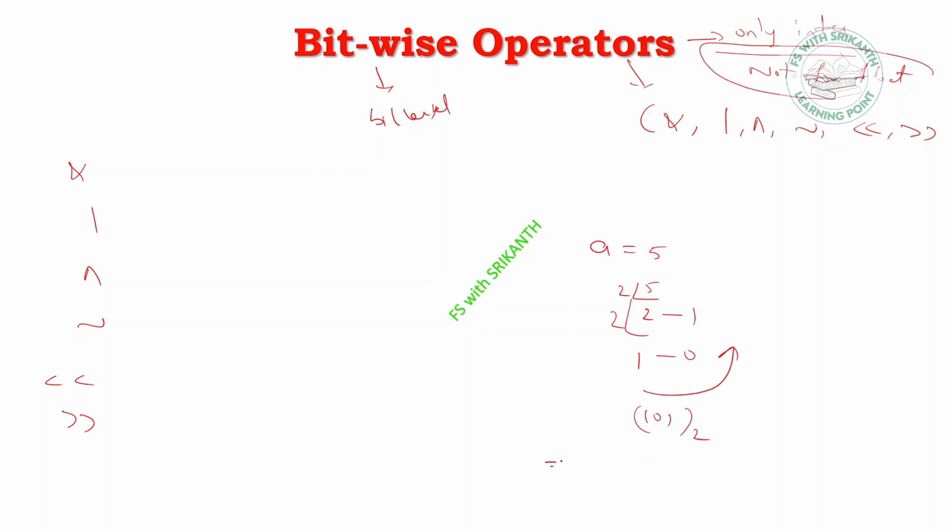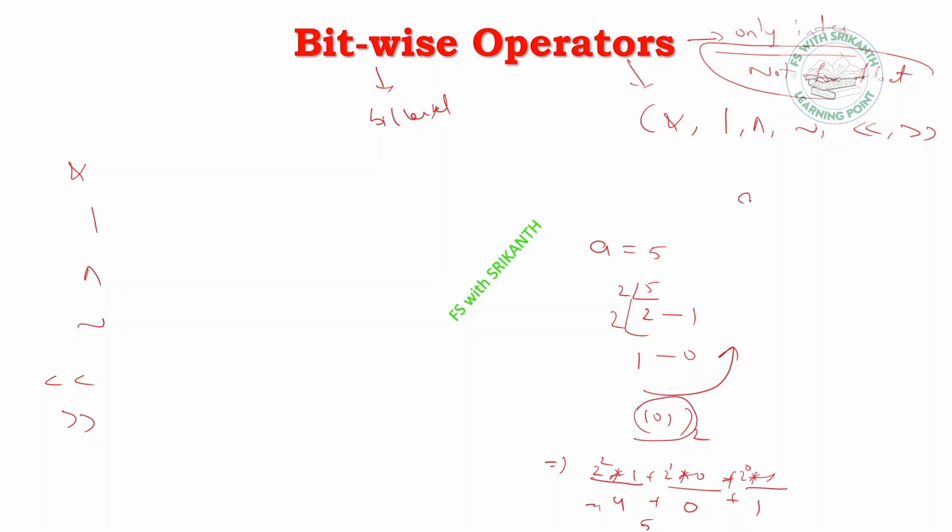You can check this one: 2 power 0 into 1, plus 2 power 1 into 0, plus 2 power 2 into 1. This value is 1, this value is 0, and this value is 4. 4 plus 1 is 5. This way we get the bit level values.